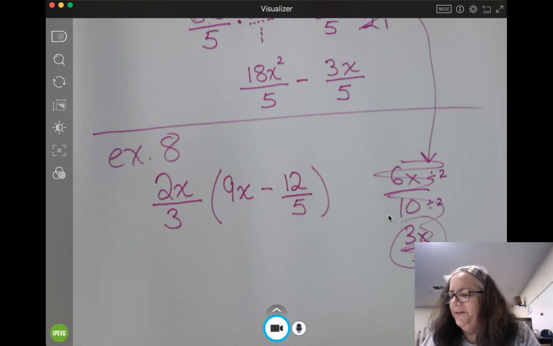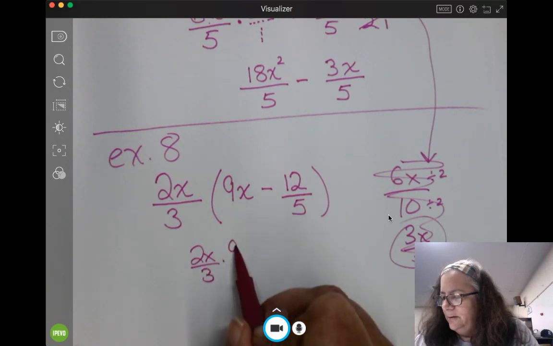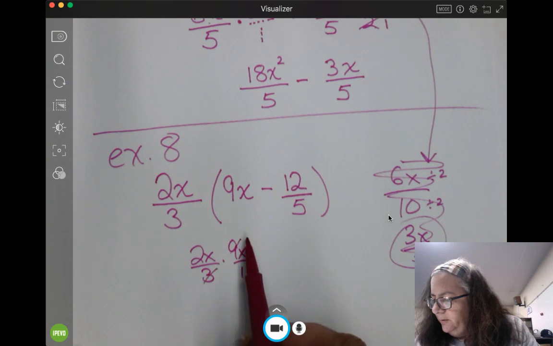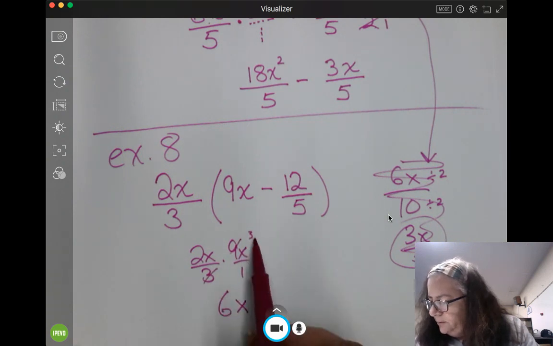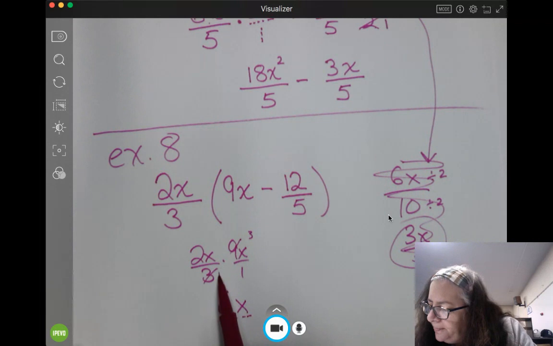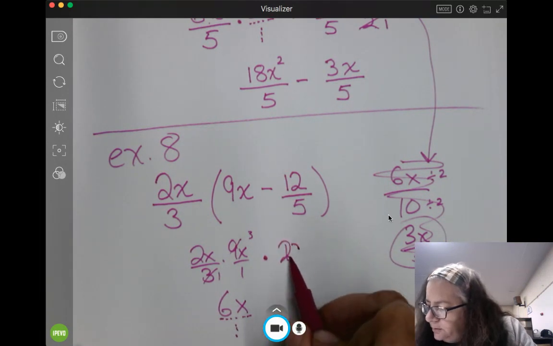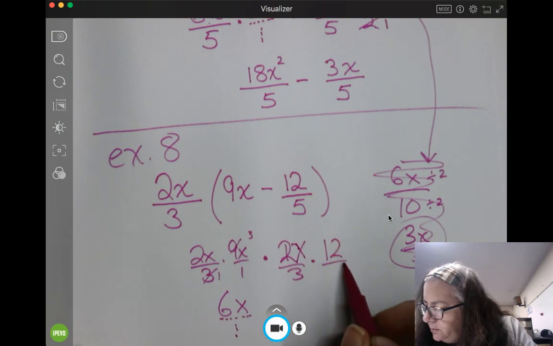You're doing it, right? I'm going to write this one out. And I can simplify here. Right, 2 times 3, 6. This canceled, so it could be over 1, but I don't really need that. Then times 2x over 3 times 12 over 5.